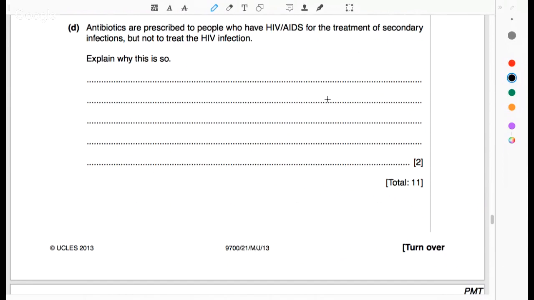So, okay. HIV has different proteins, and it uses the metabolism of the host also to replicate.